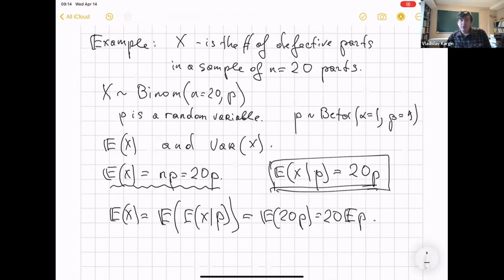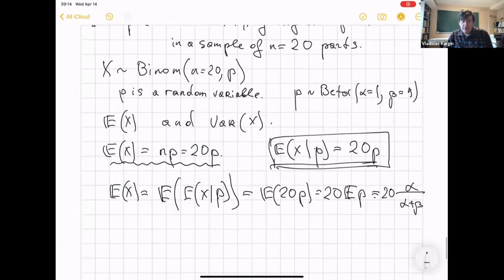After that, we look up the expectation of a beta random variable, which is alpha divided by alpha plus beta. In our case, it is 1 divided by 1 plus 9.